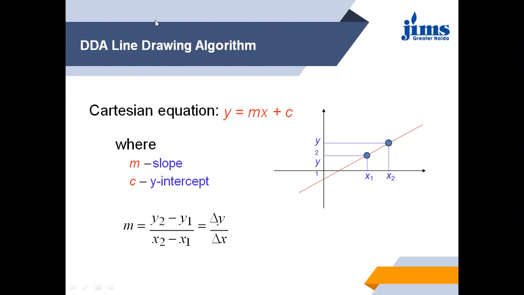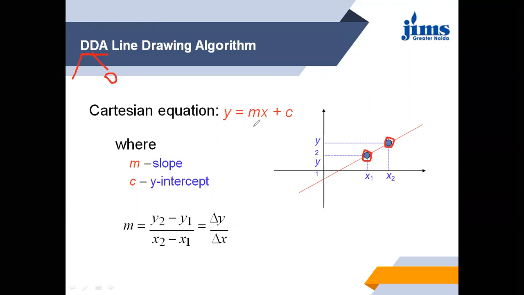When we are discussing DDA, DDA means digital differential algorithm. It is called differential because in this we are taking the difference of starting coordinate as well as end coordinate.